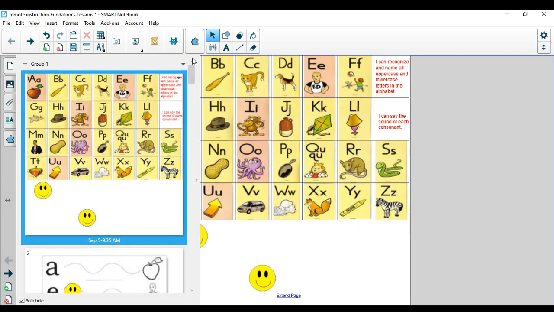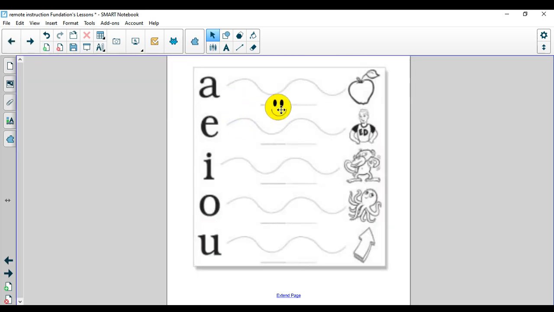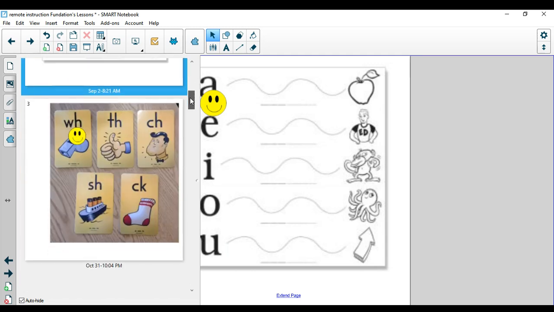Let's go ahead and warm up our vowel sounds today. Here we go. A, apple, E, edge, I, itch, O, octopus, and U, up. Today we're going to start by tapping and reading some words.